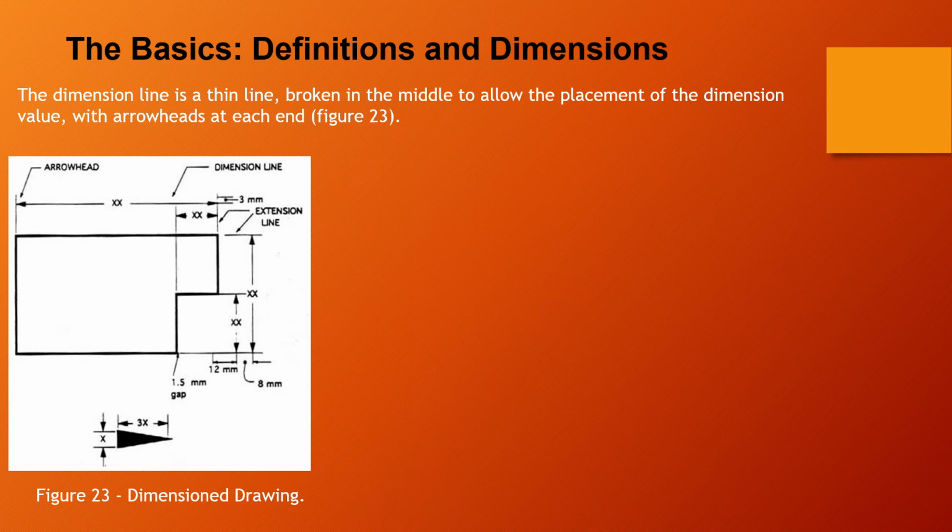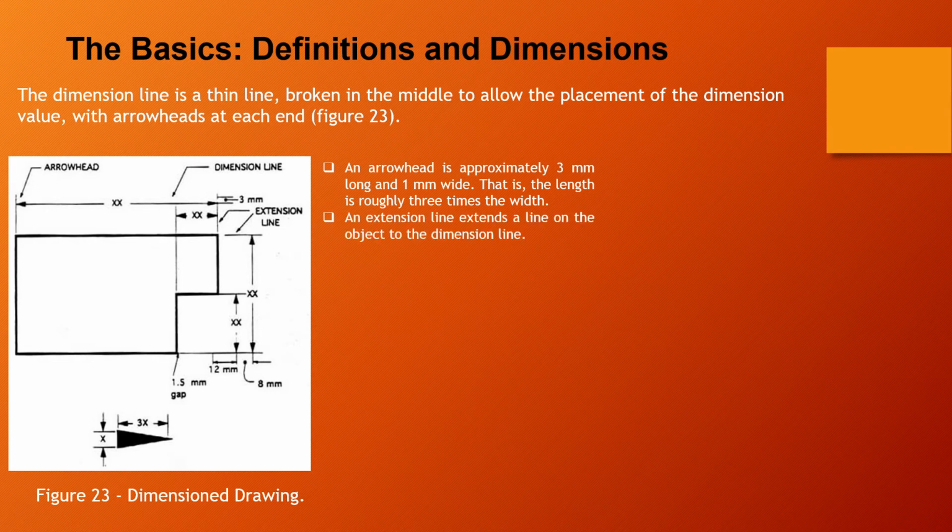Dimensioning drawing. An arrowhead is approximately 3 millimeters long and 1 millimeter wide, that is, the length is roughly 3 times the width.